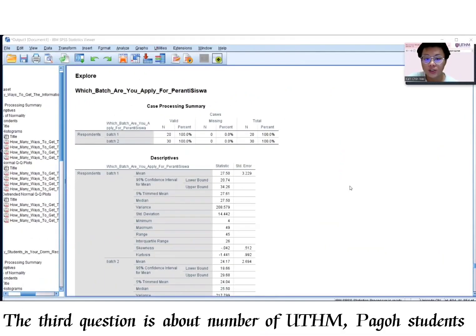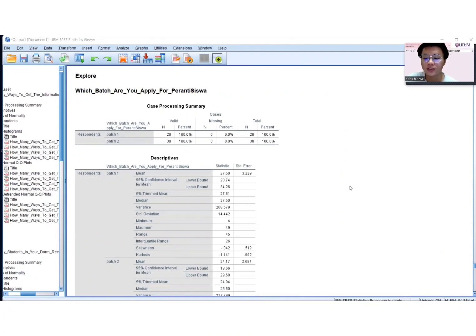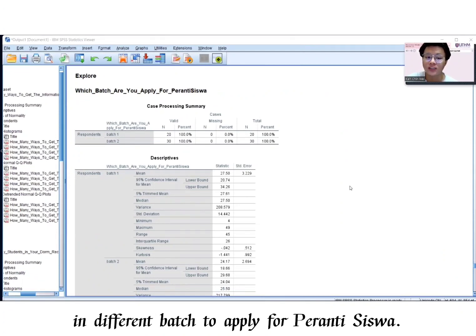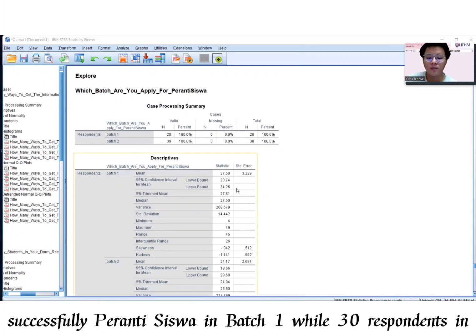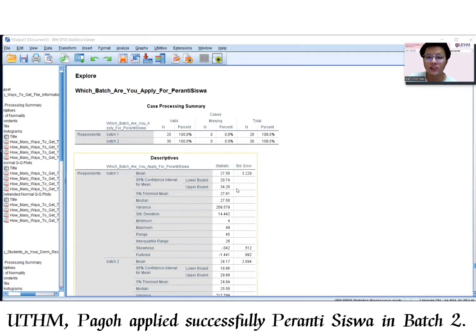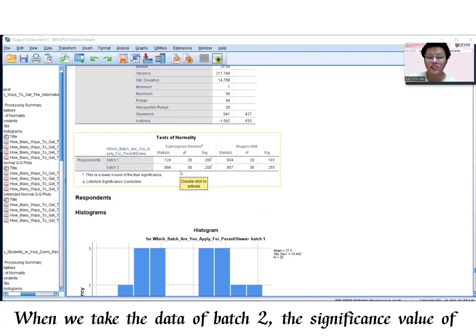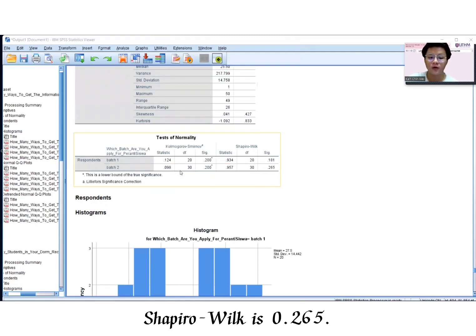The third question is about the number of UTHM Pagoh students in different batches who apply for Peranti Siswa. It can be seen that 20 respondents in UTHM Pagoh applied successfully for Peranti Siswa in batch 1, while 30 respondents applied successfully in batch 2. When we take the data of batch 2, the significant value of the Shapiro-Wilk is 0.265.